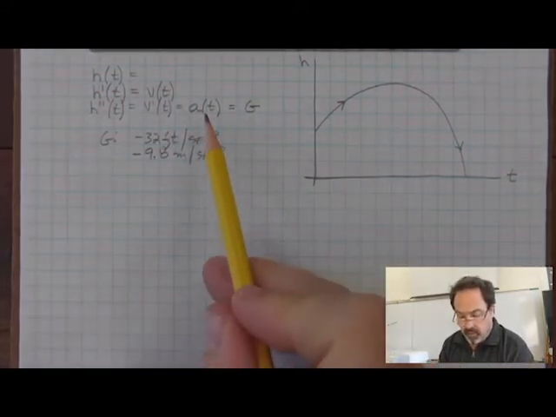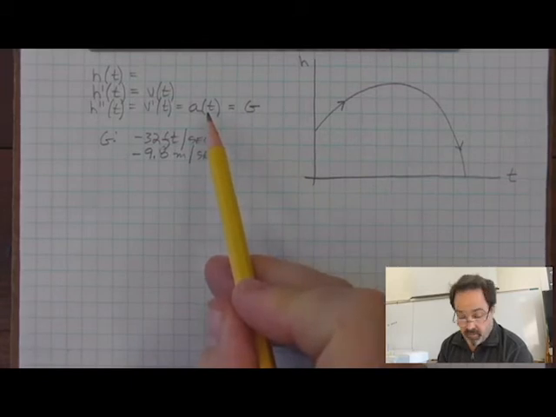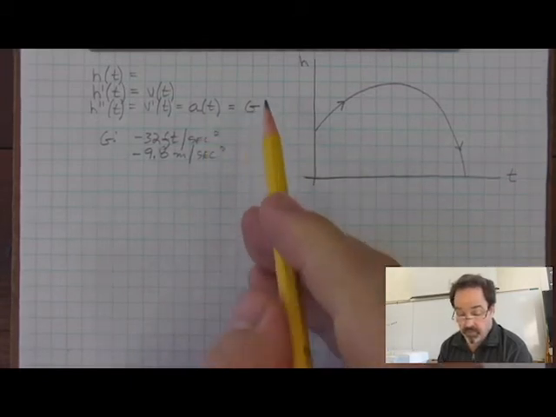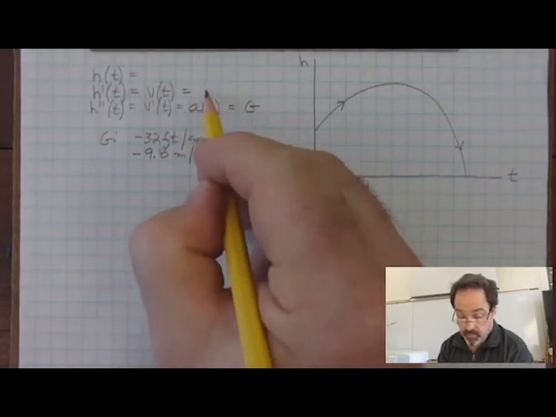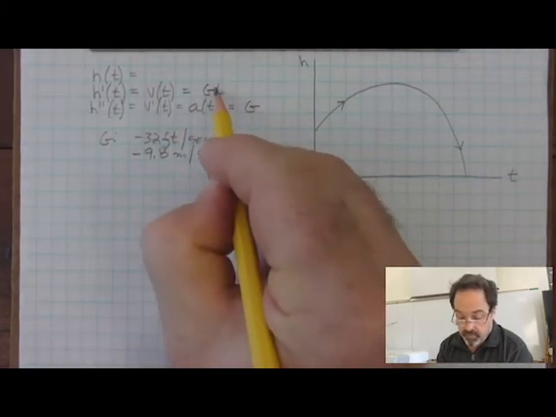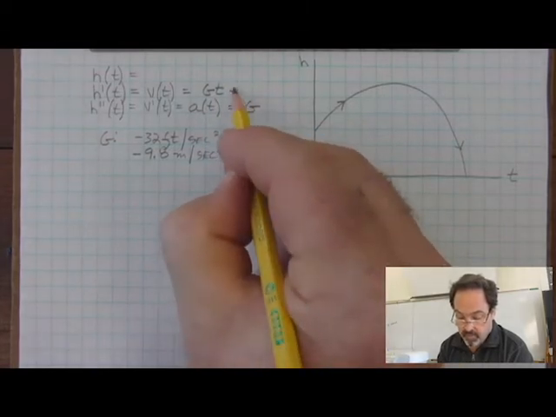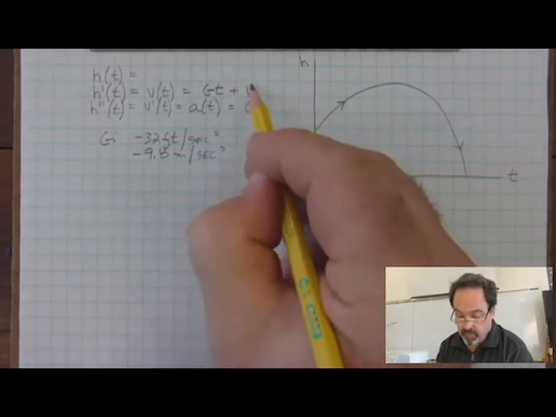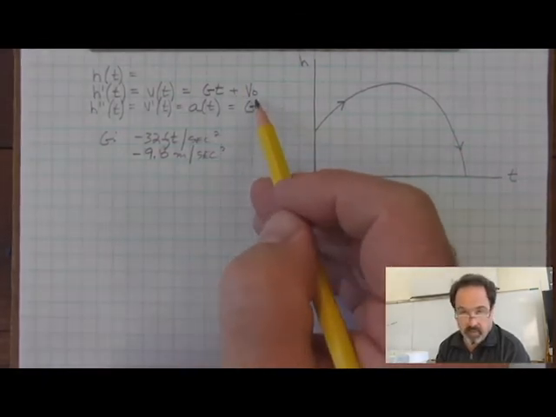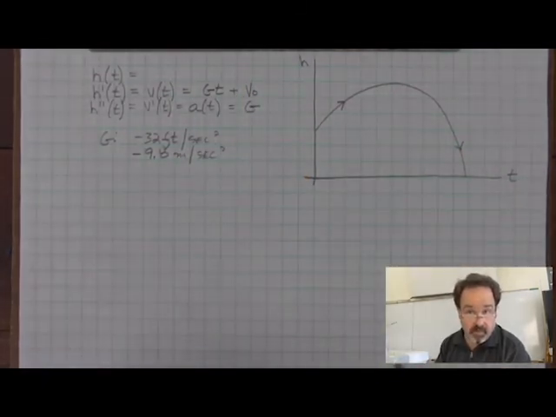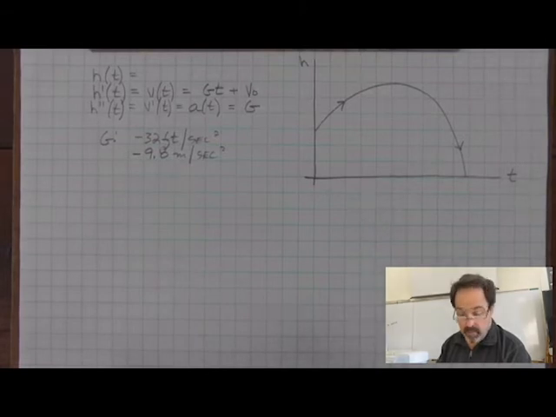Now, if we start with acceleration, we could integrate our gravitational constant and create the velocity function, which is going to be gravitational constant times time plus some initial velocity that we give the symbol v with the subscripted 0, and we call that v naught, naught for 0.